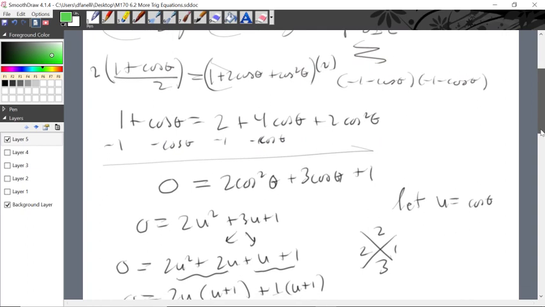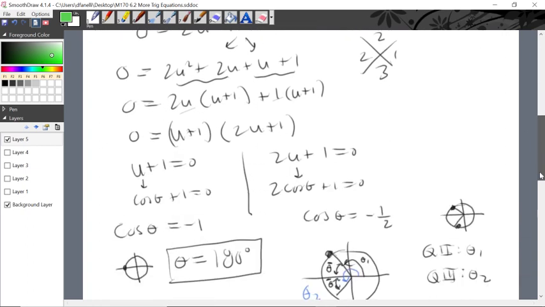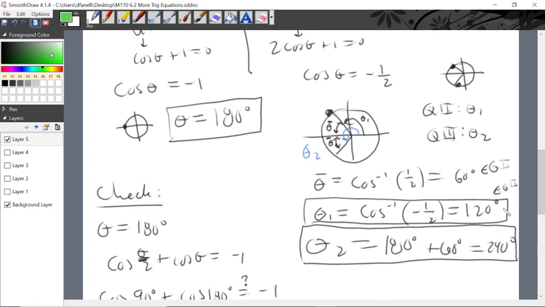I'll point out again, we did all the math correct. Even though we did all the math correct, we still ended up at a value of theta that was not a correct solution. So we have to strike the 120 degrees from our list of solutions. 120 degrees is not a solution to the equation. It was extraneous.